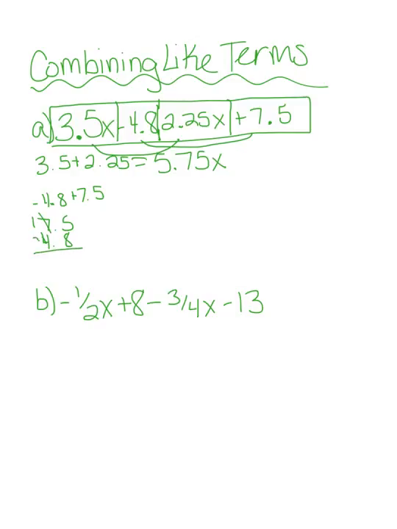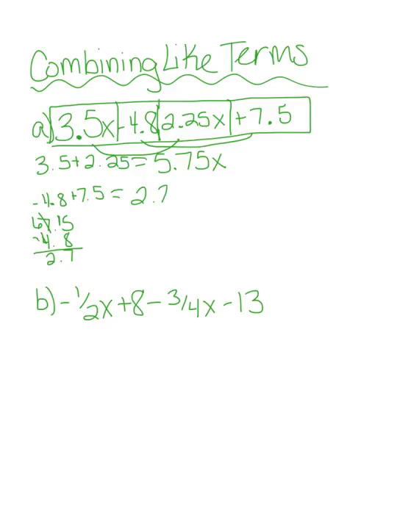Need to borrow from my 7, make that a 6. 15 minus 8 is 7. 6 minus 4 is 2, bring down my decimal point, and then again, using the sign for the number that has the greater absolute value, that makes it a positive 2.7.